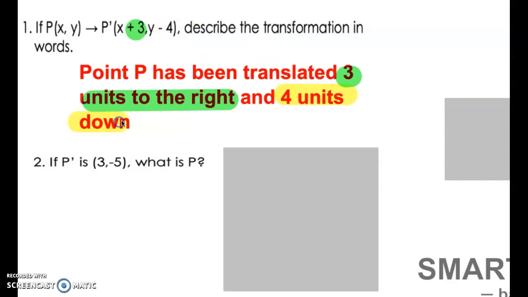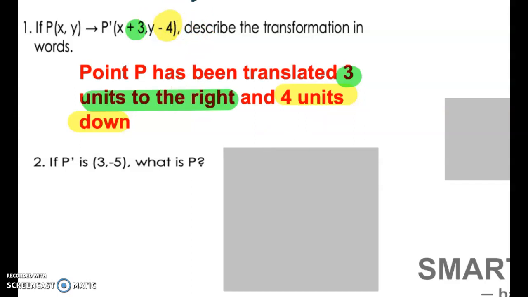The 4 units down comes from this minus 4 on our y coordinate. Because remember, the y coordinate is the vertical shift, so up or down. All right, so that right there is telling us that point P is being translated 3 units right because we have this x plus 3, and 4 units down because we have the y minus 4.